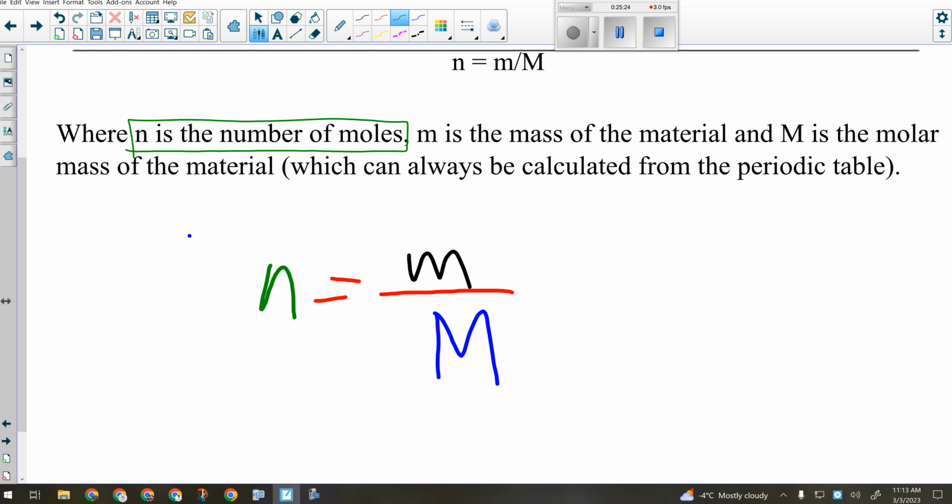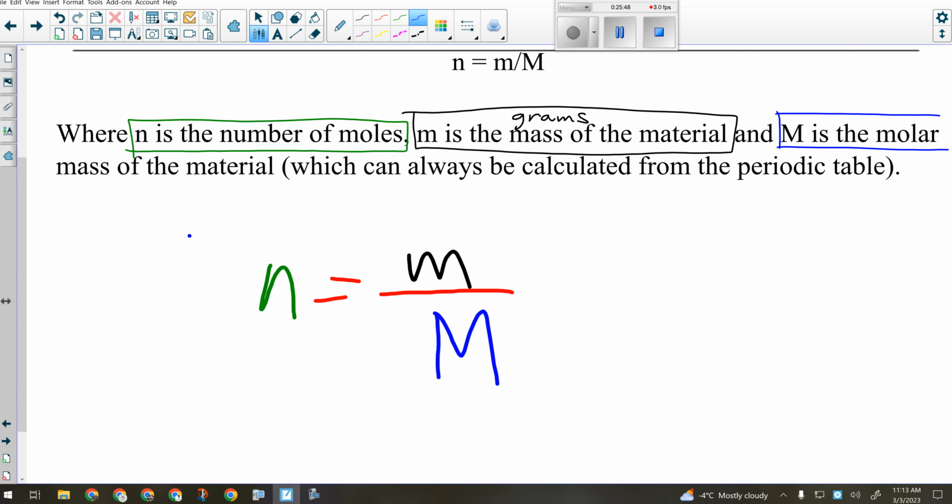Little m is the mass of the material, and that's always going to be in grams. And big M is the molar mass. That's what we were just calculating. And that is always going to be in grams per mole.